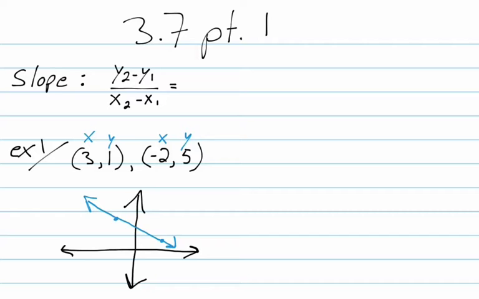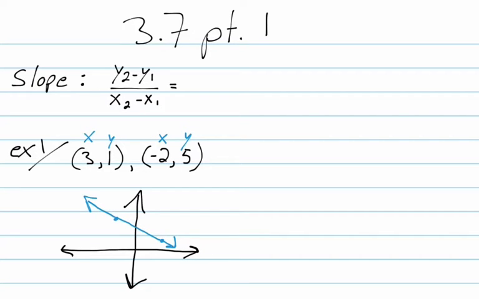So how do we find it? The formula is right here. Okay, difference in y's. Now, it says y sub 2 and x sub 2, but that doesn't necessarily mean pick out the second one first.